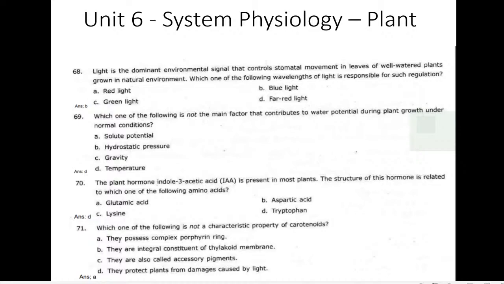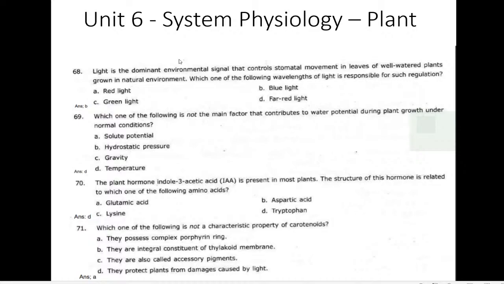Okay, light is the dominant environmental signal that controls stomatal movement in a leaf of a well watered plant grown in a natural environment. Which one of the following wavelengths of light is responsible for such a regulation?